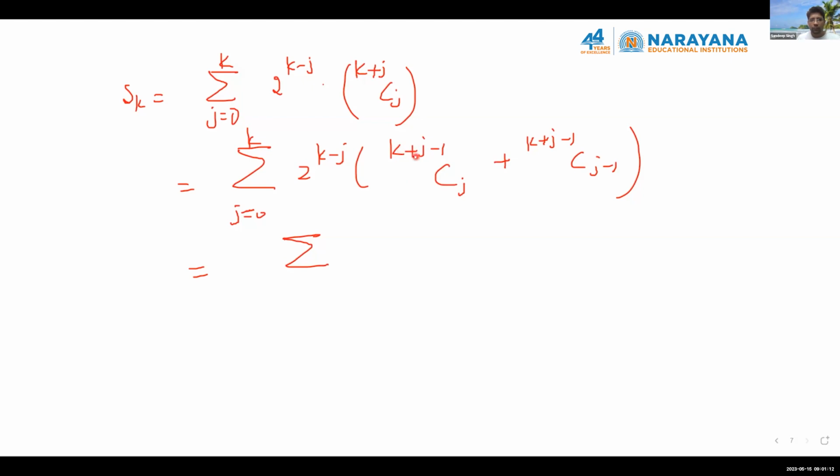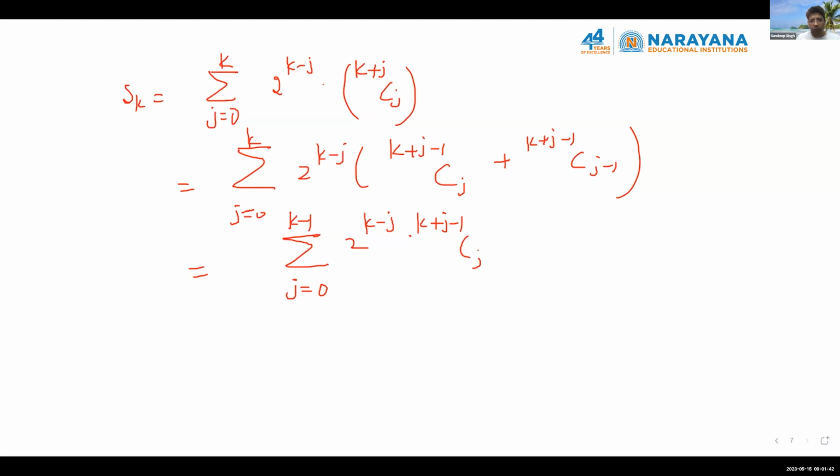So what you have to do now? Let me take it separately. I shall start from 0 to K minus 1, correct? Because K minus 1 I can see over there.